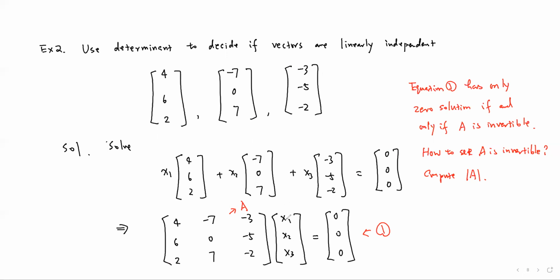Yeah, free. When the linear system has a free unknown, the linear system has infinitely many solutions. So therefore, the conclusion is this vector equation has non-zero solution. Therefore, these three vectors are linearly dependent. Okay. So conclusion.